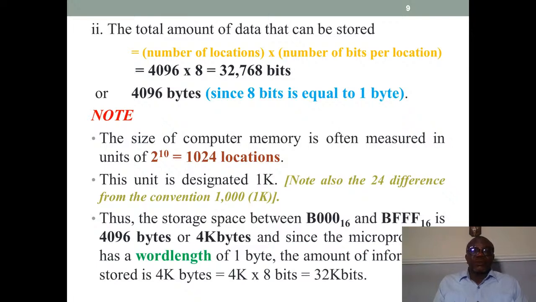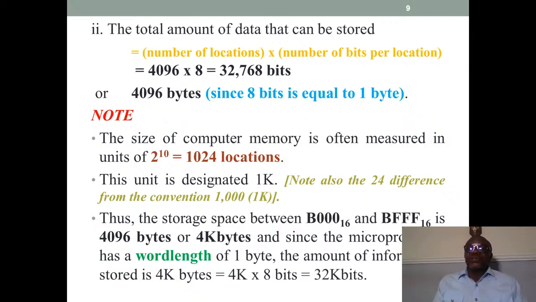So when you see a computer, or when you are looking at something and it is described as having 1 kilobyte, it means you are looking at 2 to the power of 10, which is 1,024, not 1,000 or 1 kilo.